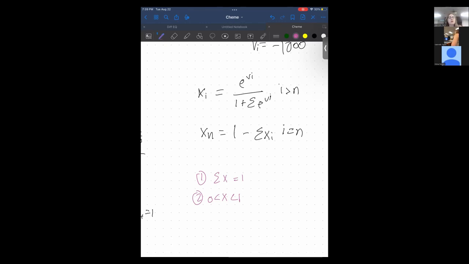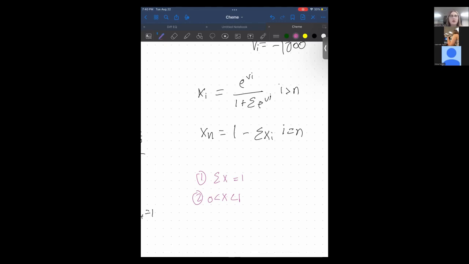So if we look at this, our x of n is 1 minus all of these summations of our x of i's, so all of our fractions are going to equal 1. And then 0 to 1, right?